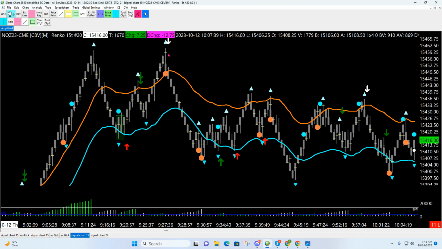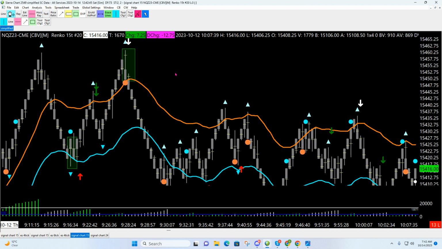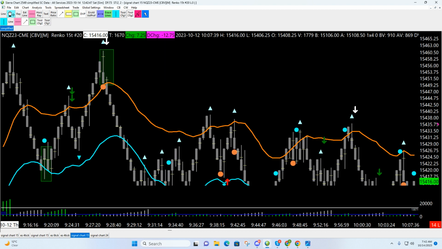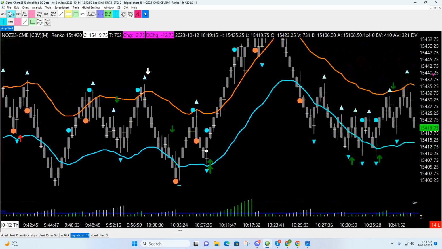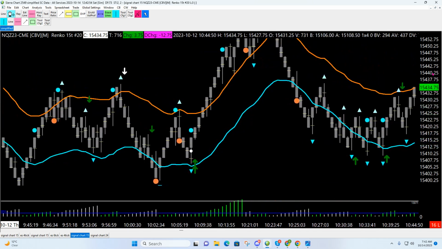and then the original entry to the short side, and then if they get stopped out, an example of that would be here. So this is your entry.